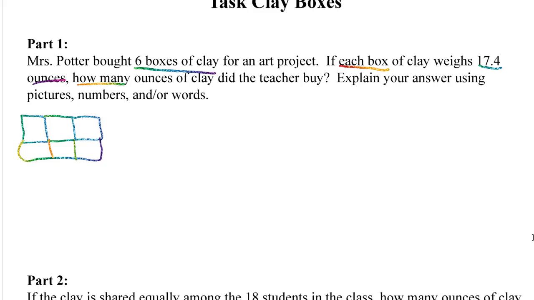So I have 6 boxes. Each one of them weighs 17 4/10 ounces. How many ounces of clay did the teacher buy? Explain your answers using pictures, which we are, numbers, which we will, and words.